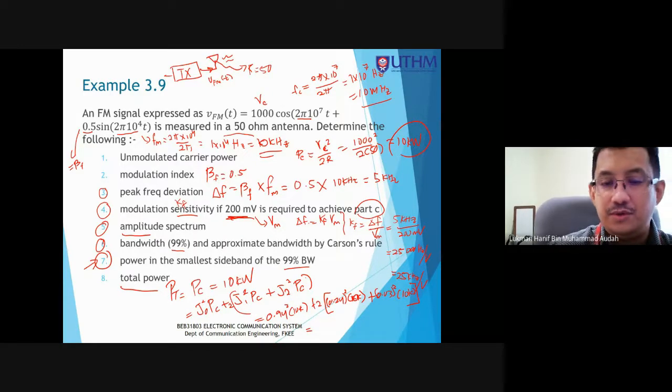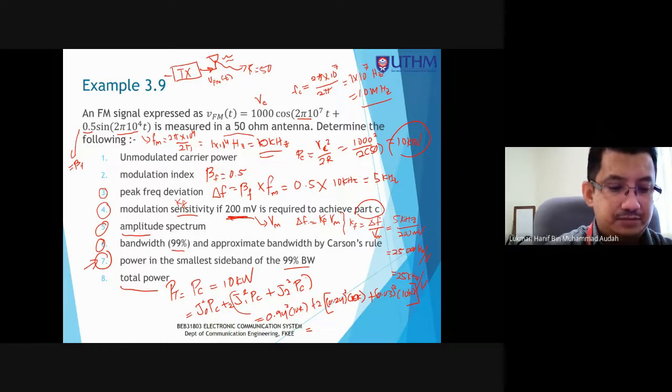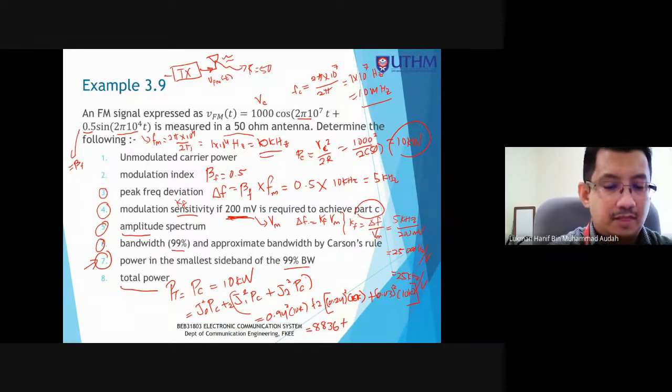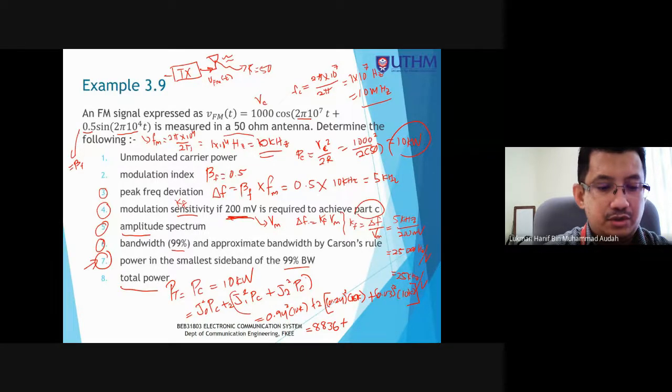So ini berapa kalau you kira? So maknanya 0.94 square times 10k, so this is 8836, plus 0.24 square times 10k, plus 0.03 square times 10k.